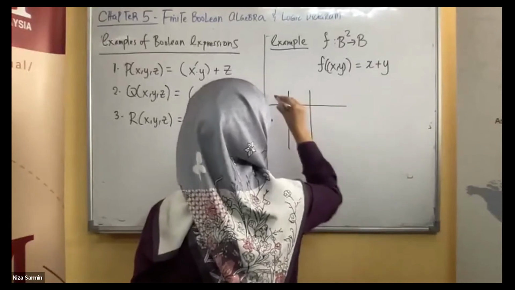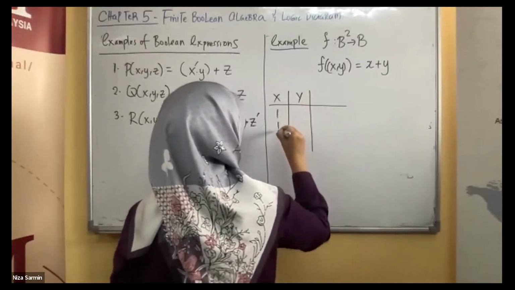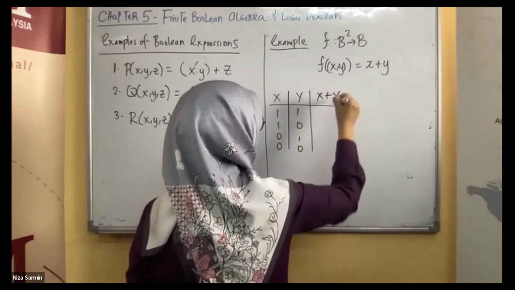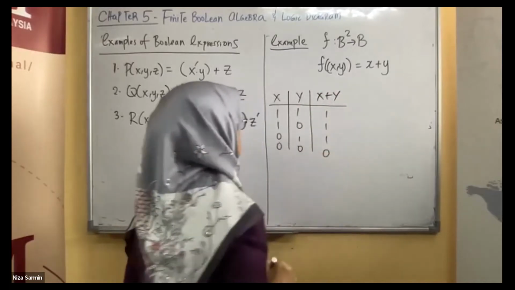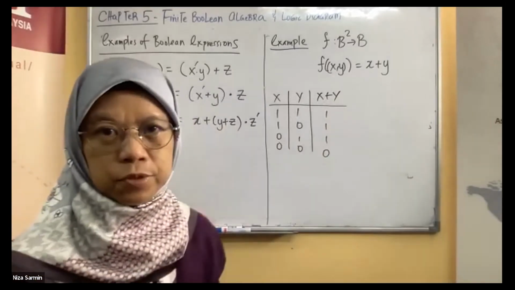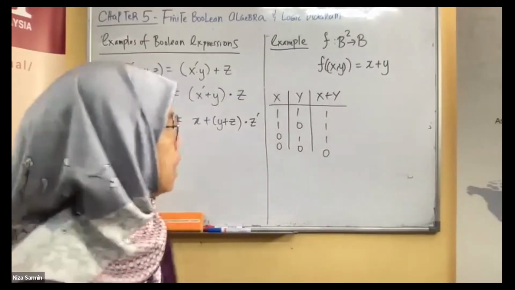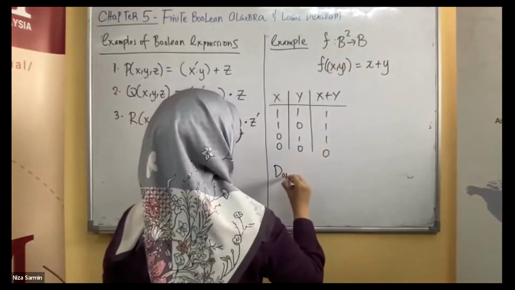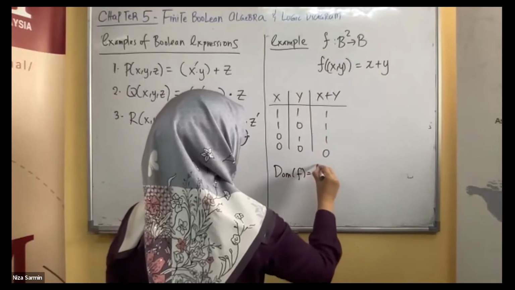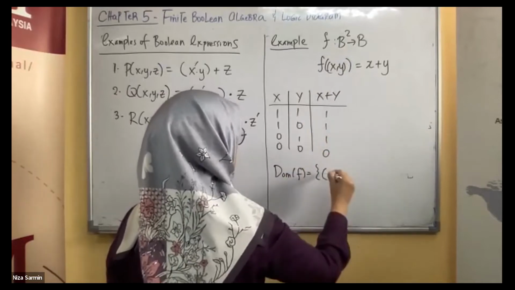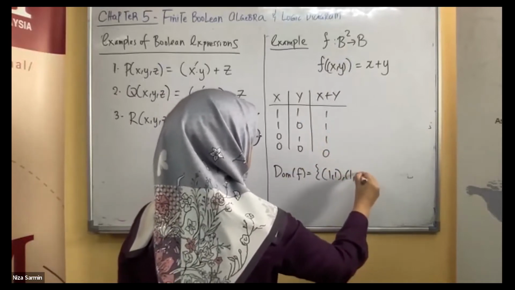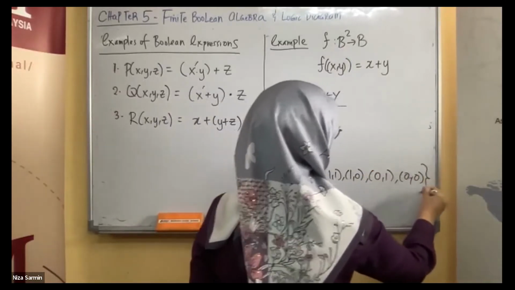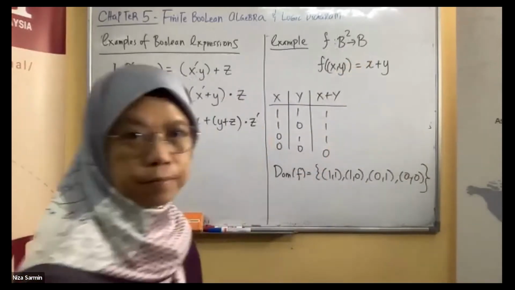We have seen xy, x plus y, right? This is the truth table that we have seen before. So actually the domain of f is the set of 1,1, 1,0, 0,1, 0,0, right? That's the B squared, okay?